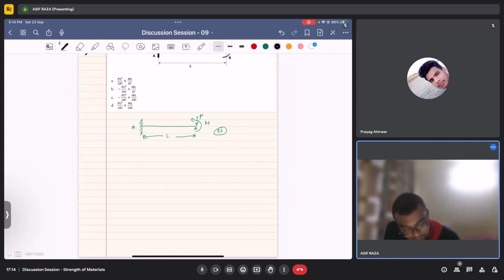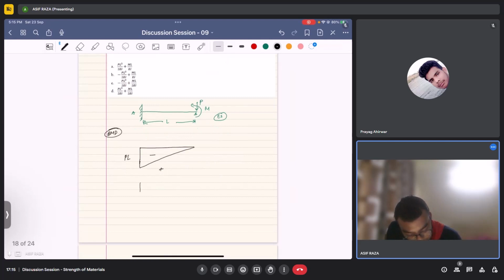bending moment diagram. So the contribution from the concentrated load for the case of bending moment diagram would be PL, and this is acting downwards, so it will contribute to the negative bending moment, plus the contribution from the concentrated moment.